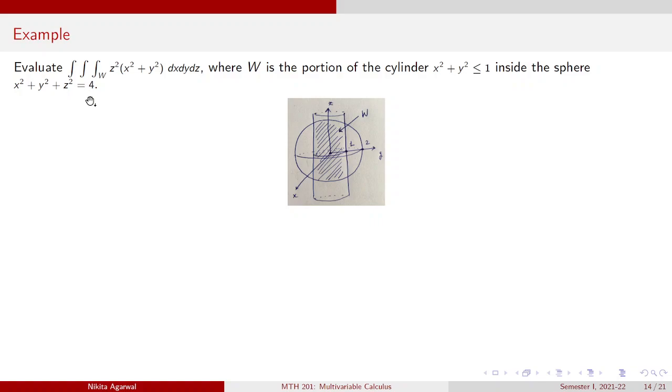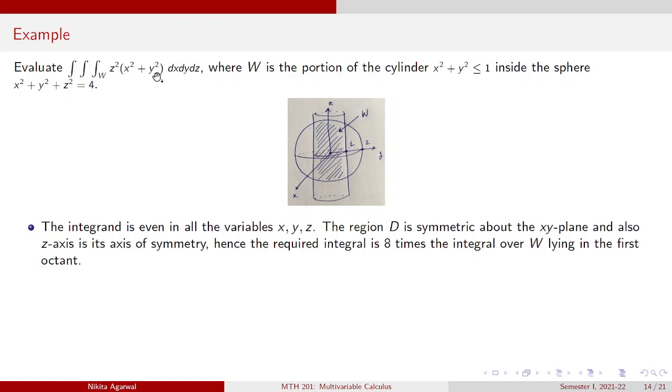So this sphere has radius 2 and this cylinder has radius 1. So you are looking at the region lying inside the sphere and inside the cylinder. So this is the shaded region.